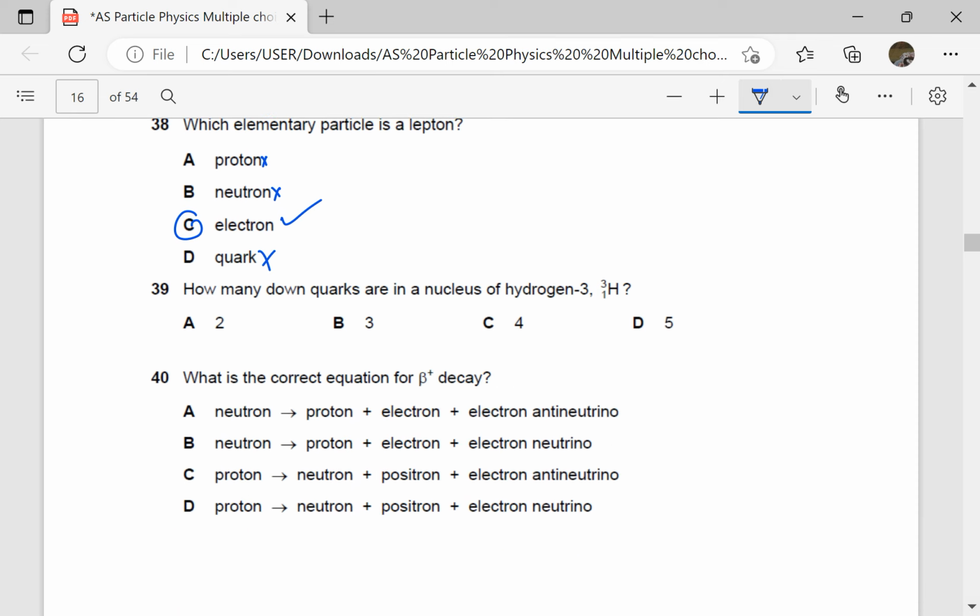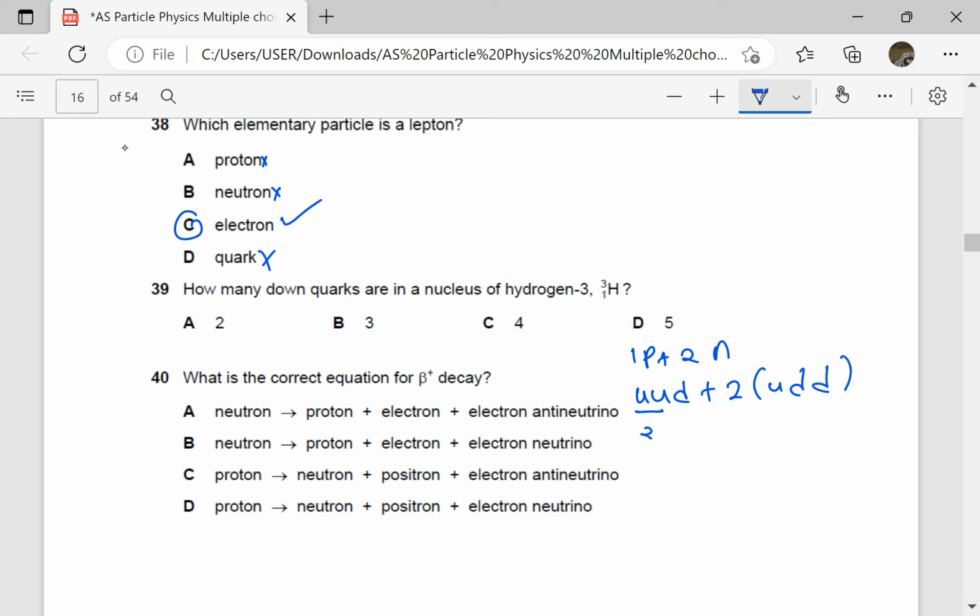How many down quarks are in a nucleus of hydrogen? Let's check. It is H-3, 1 proton plus 2 neutrons. 1 proton is up, up, down. 2 neutrons is going to be up, down, down. Let's add the total.